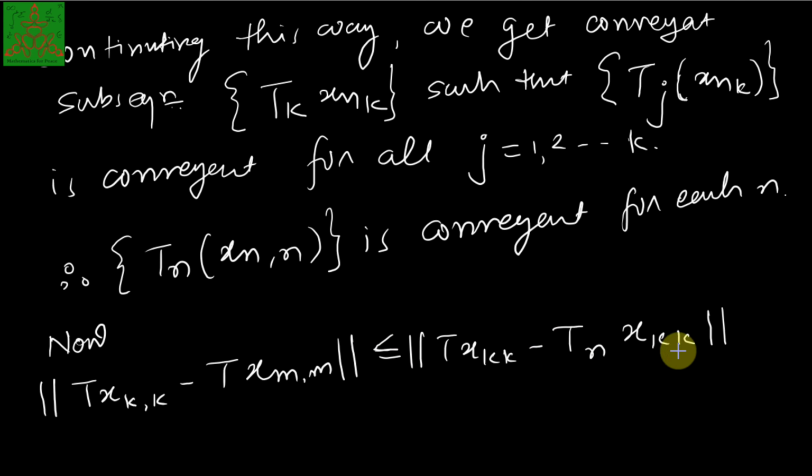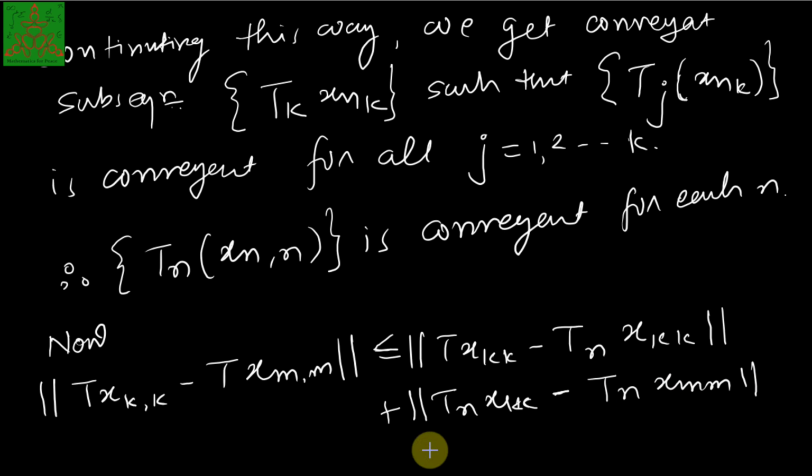I am subtracting this term and adding that term Tn x_{kk}, and then subtracting Tn x_{mm}. Here I'll subtract this term, so I'll need to add this, and then the last term is T of x_{mm}, and by applying the triangular inequality we get this.